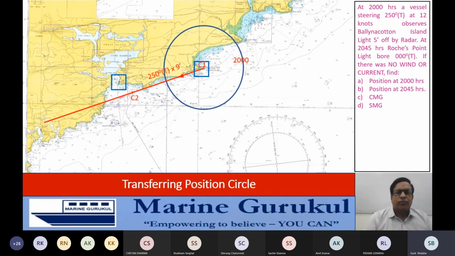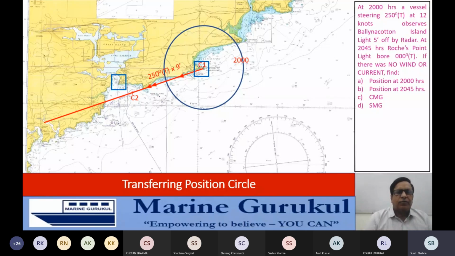Now, in this case, as there is no wind and no current, obviously the CTS is also the CMG. So we represent it by two arrows on this out here. Now, obviously in this case, the distance made good would also be the same as the engine distance. And therefore, point C1 is transferred to point C2.